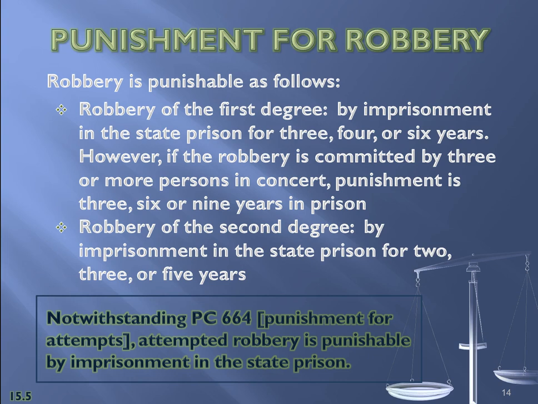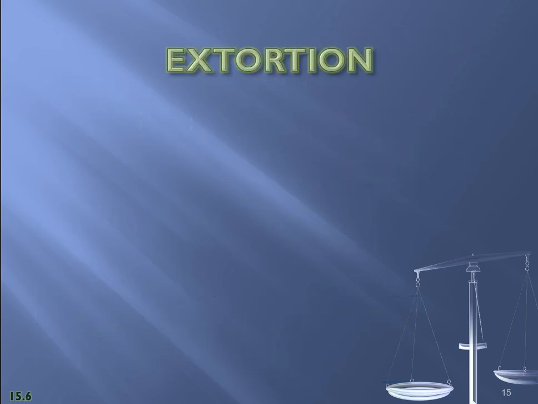Now, notwithstanding Penal Code 664, attempted robbery is punishable by imprisonment in the state prison. And remember, these are the base punishments, the amount of time, but there can be enhancements depending upon the circumstances of the case. So I think we kind of know that.